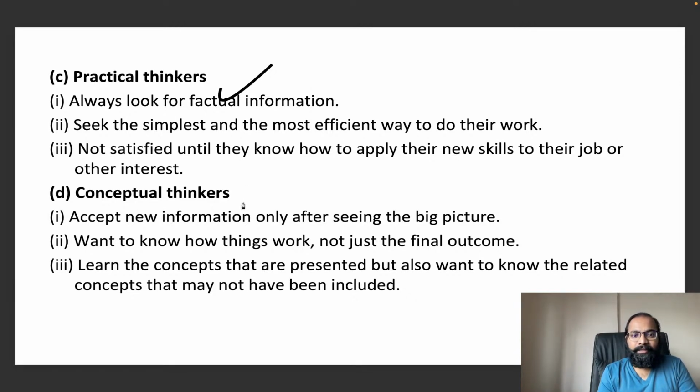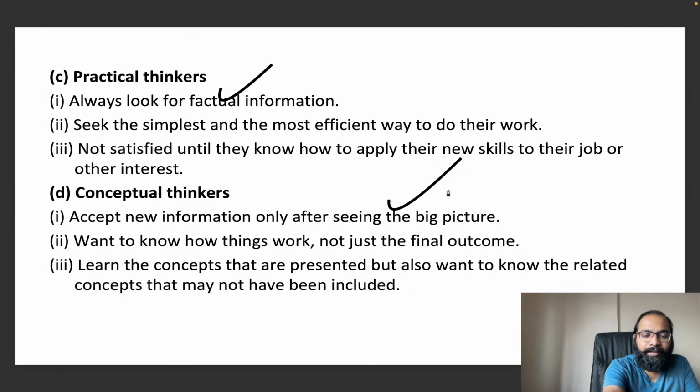Conceptual thinkers will accept the new information only after seeing a big picture. Before corona, we didn't know that even a very small virus can affect the entire economic situation and the human health situation of the entire world.